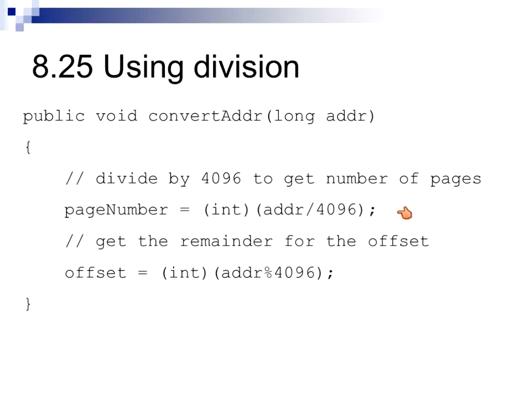So anything between 0 and 4095 would give me a page number of 0. Anything between 4096 and 8191 would give me a page number of 1, and so forth. I'm doing simple integer division. The other thing I need to do is get the remainder to get the offset.